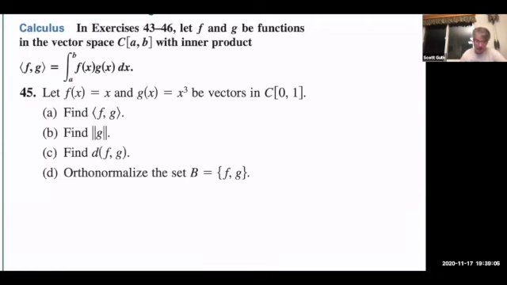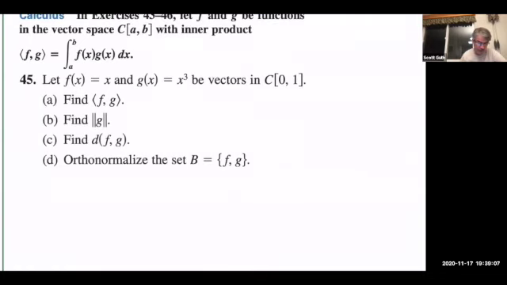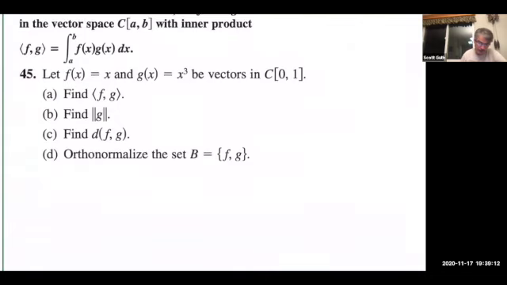Okay, so we've got number 45 here. The inner product of functions is what we're going to work on. So let's work on A first. We have to do the inner product of f and g on the interval from 0 to 1. So that should be pretty easy. So we'll integrate from 0 to 1, f times g dx.